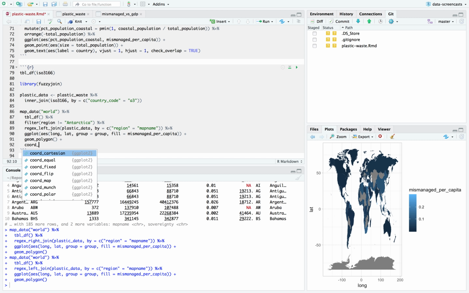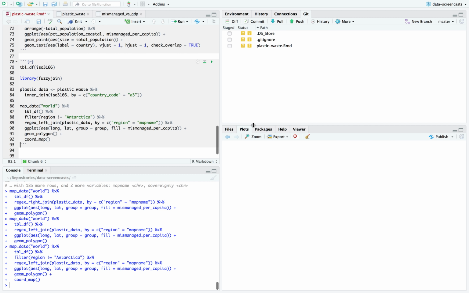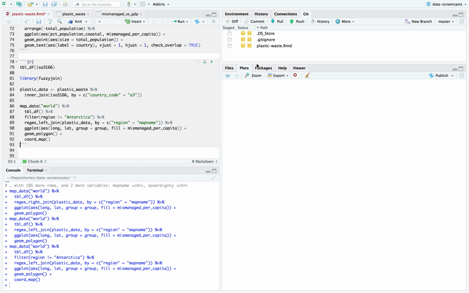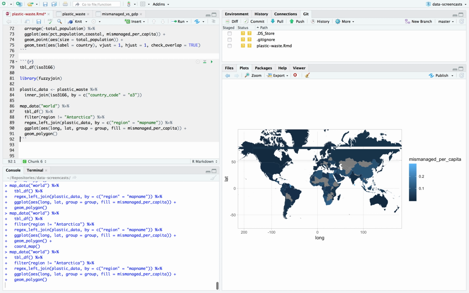I can also add a coord map. That'll fix the dimensions on this a little bit. Just grab some water. I'm going to skip coord map because somehow, oops, that didn't work nearly as well as I hoped it would.